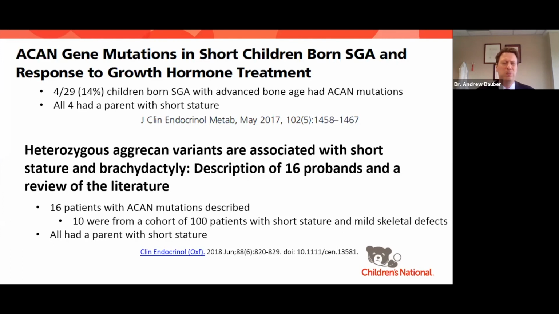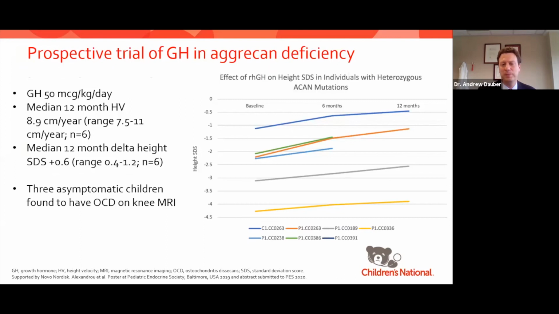So now there literally have been hundreds of patients found with mutations in the Aggrecan gene. And this is likely one of the more common causes of at least dominantly inherited short stature, an idea we'll come back to a little bit later.